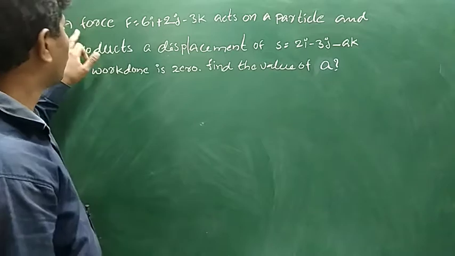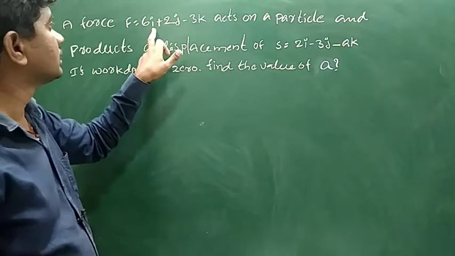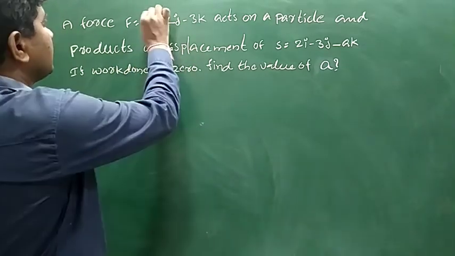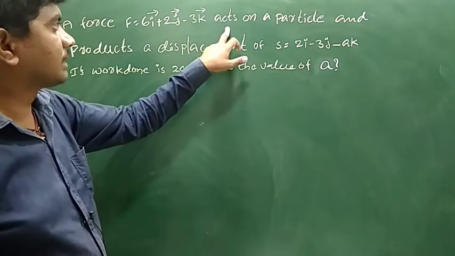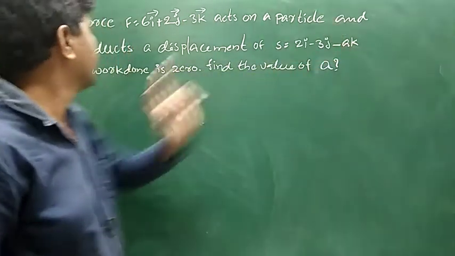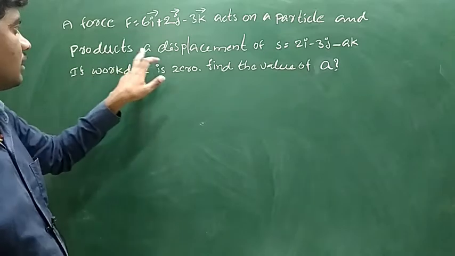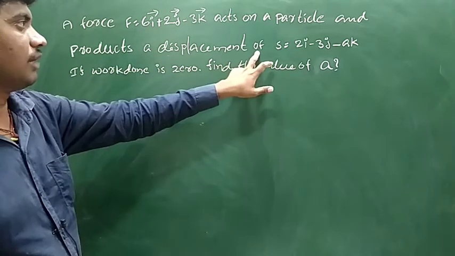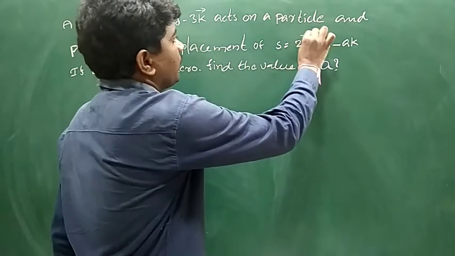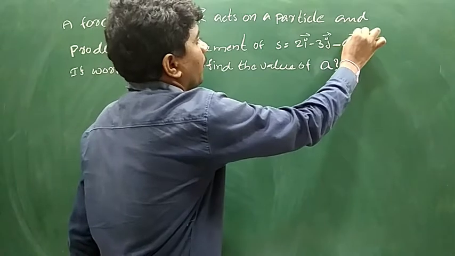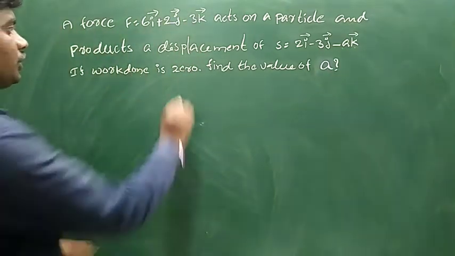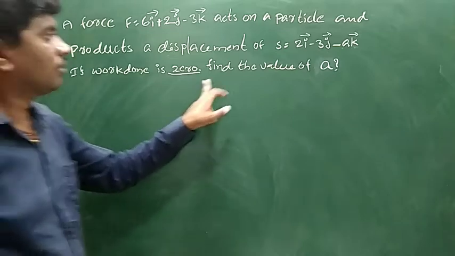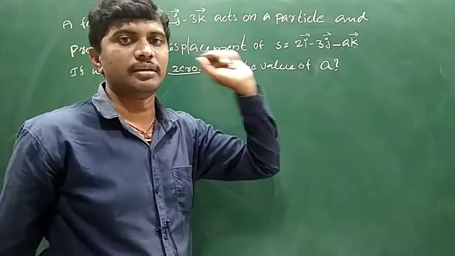Next problem: a force F equal to 6i bar plus 2j bar minus 3k bar acts on a particle and produces a displacement S equal to 2i bar minus 3j bar minus a k bar. If work done is 0, find the value of a.